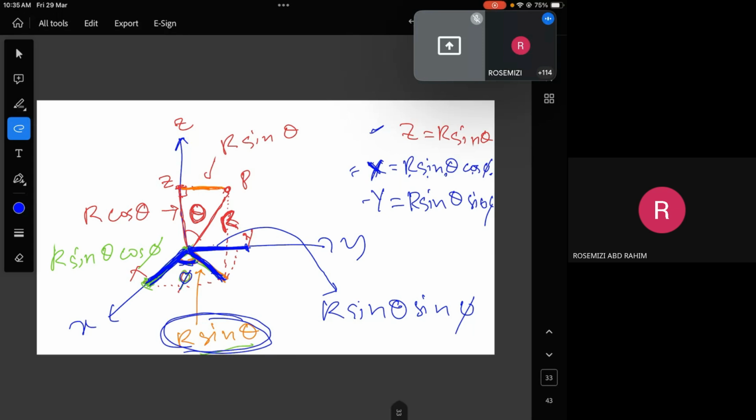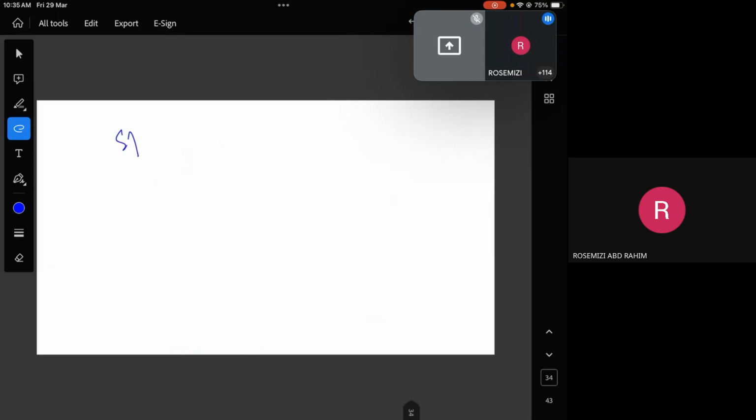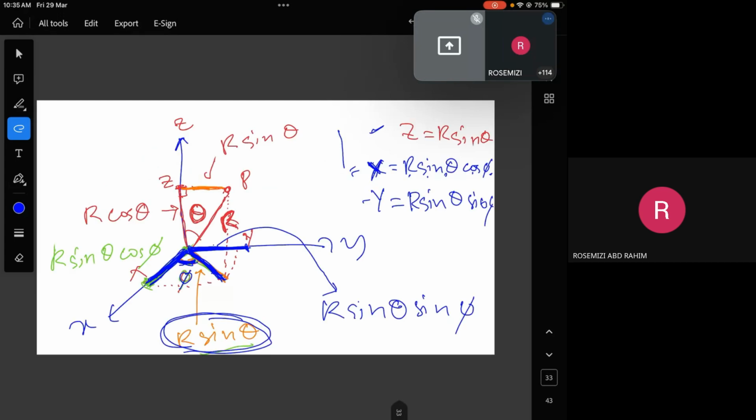Spherical is R, theta, and phi. Cartesian is X, Y, and Z. So from spherical to Cartesian, we use this formula: Z equals R cos theta, X equals R sine theta cos phi, Y equals R sine theta sine phi.